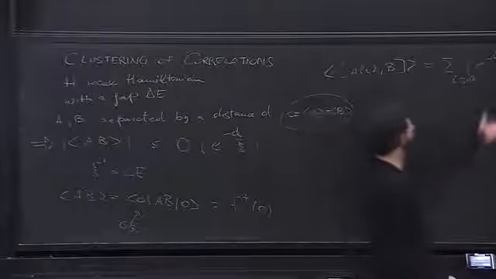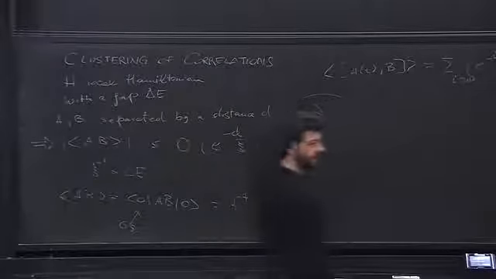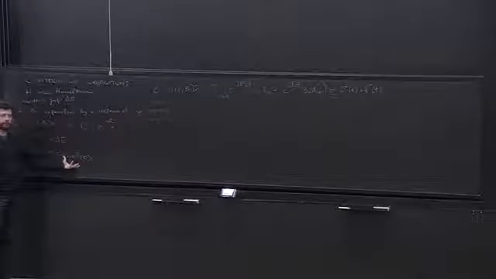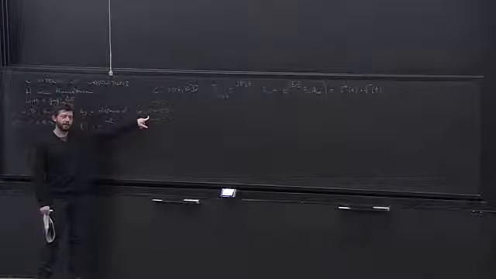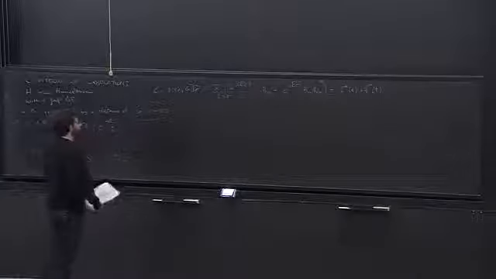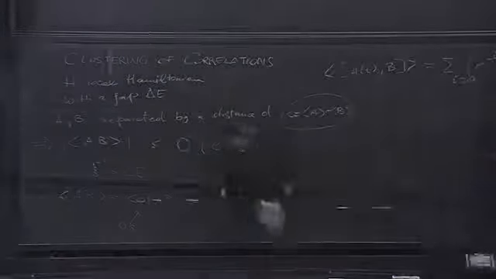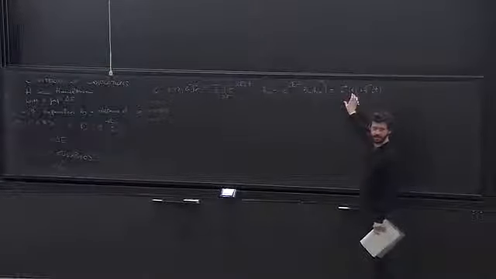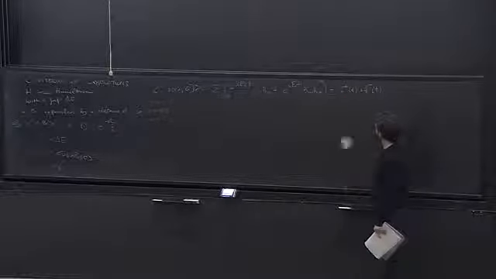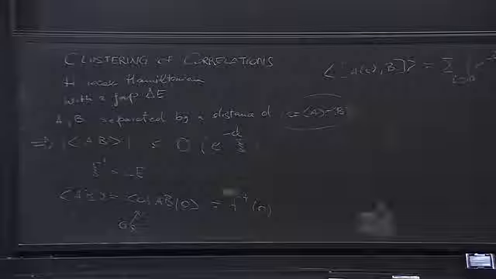If I take this part and send t to 0, I have the sum of A_0i B_i0, which are exactly these correlation functions, because in the ground state the other terms are 0. So if I want to bound this object, I have to bound this. My strategy will be to write this as, in some sense, this minus this, and find two different bounds.